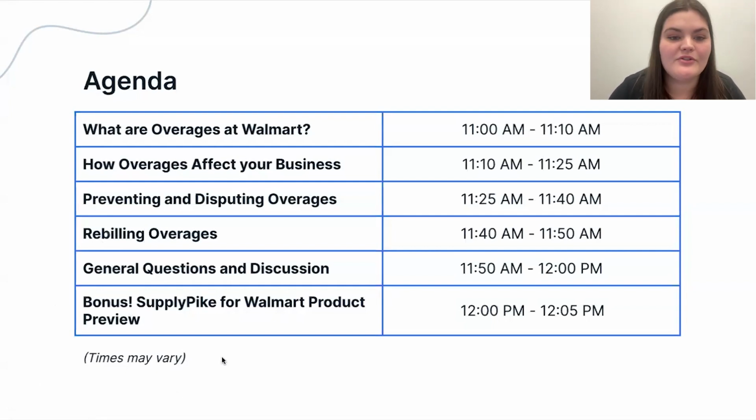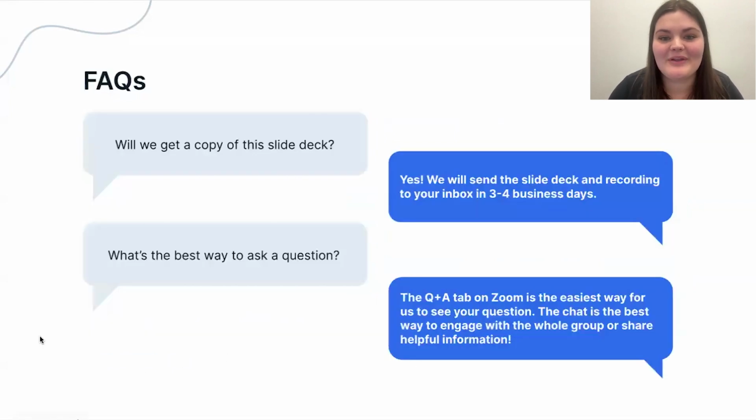Then we will move on to a more action-oriented section where we will break down the steps that can be taken to prevent, dispute, and rebill overages. Finally, we will be opening the floor for some Q&A time towards the end, and then we will wrap up the webinar with a product preview of SupplyPike for Walmart. So we have a lot of good content to cover today.